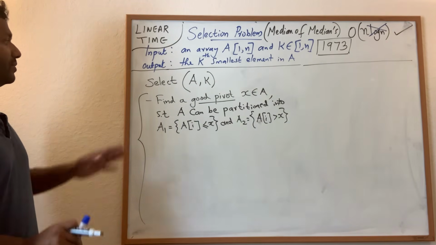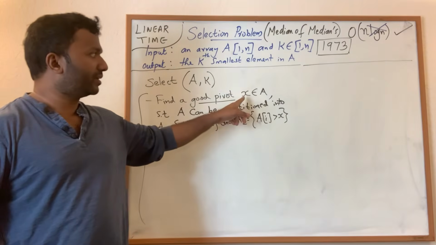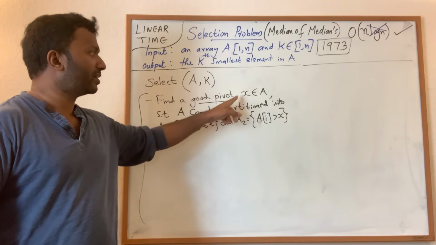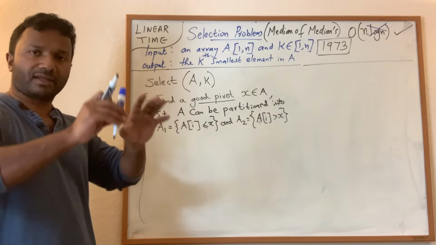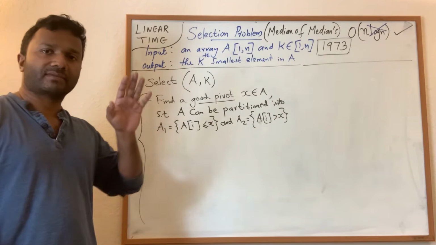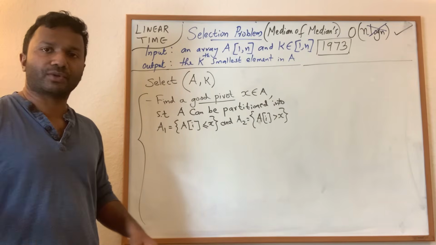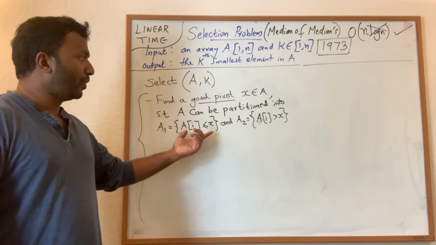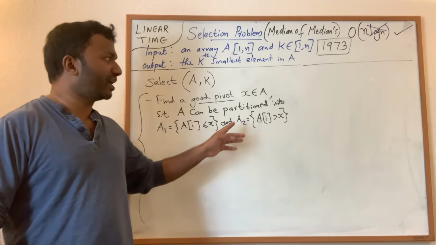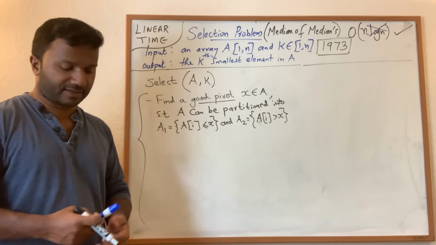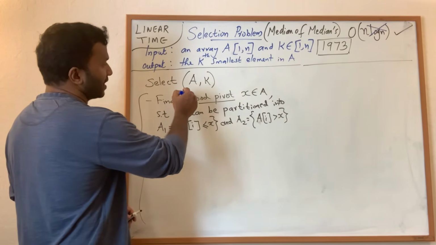So I just want to find a number, which I'm going to call the pivot, such that A can be partitioned into two arrays, A1 on the left side and A2 on the right side, such that all numbers in A1 are less than or equal to x and all numbers in A2 are greater than x. And I'm going to call this a good pivot.